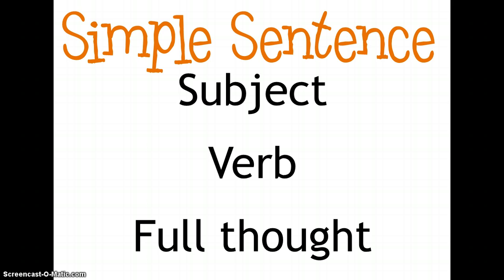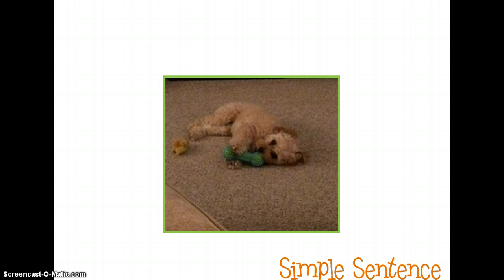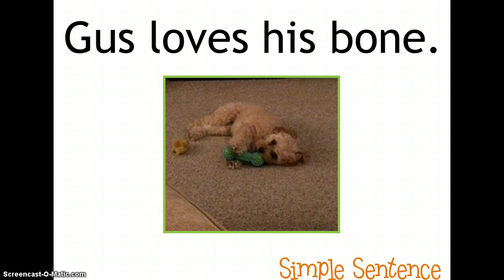We also know that a sentence, of course, needs to begin with a capital letter and end with proper end punctuation. So to help us understand simple sentences, we're going to use my puppy Gus. Hey, Gus. So let's look here. Gus loves his bone. This is a full sentence. It contains a subject, Gus, and then what is Gus doing? Well, he loves.